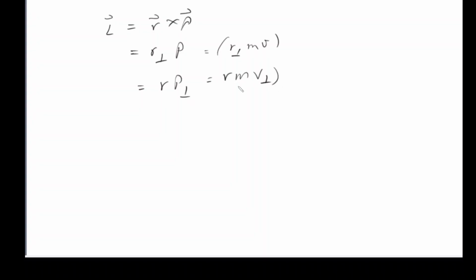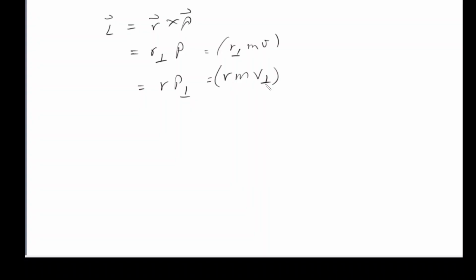So we had said that angular momentum is equal to R cross P, which is equal to R perpendicular times P, which is equal to R perpendicular mv, and it's equal to R times P perpendicular, which is equal to R mv perpendicular.